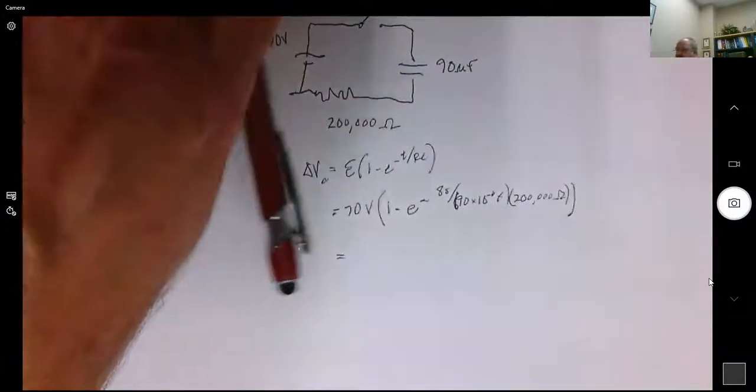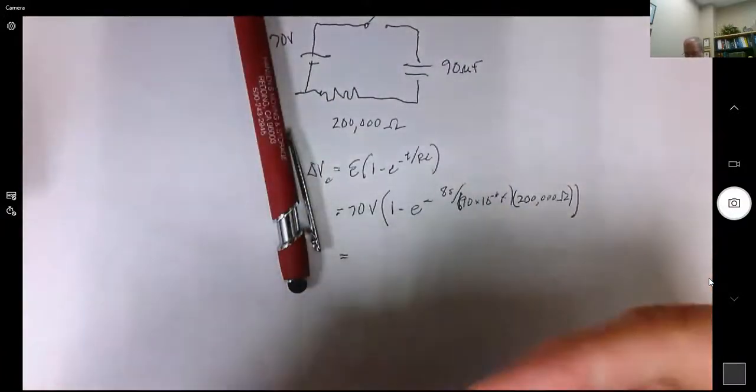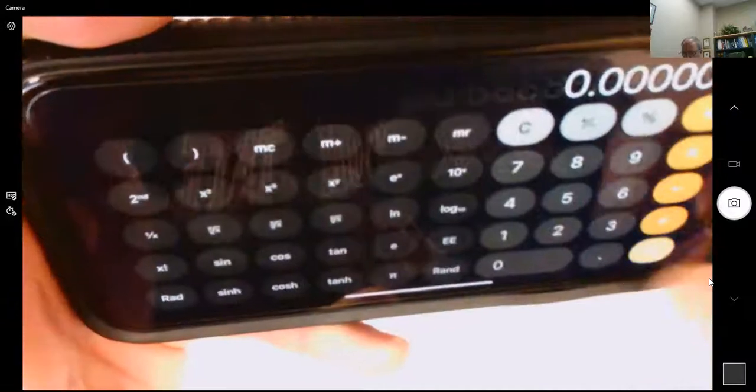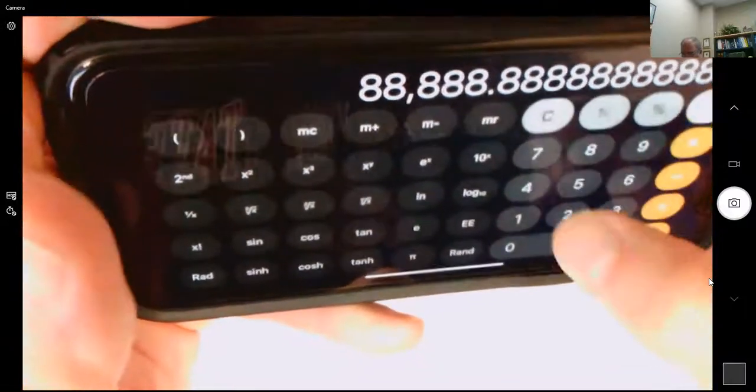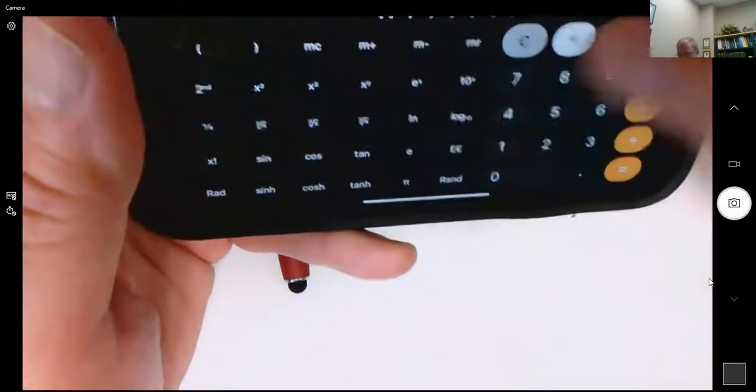Let's just take the equations one chunk at a time. Okay, so first we have 8 seconds divided by 90 divided by 10 to the negative 6 divided by 200,000. Okay, then we take the negative sign for that.